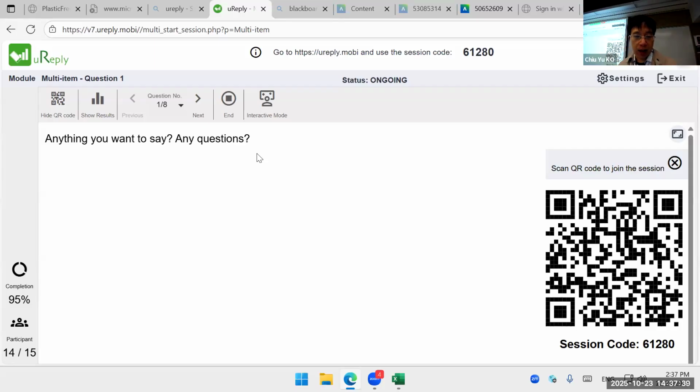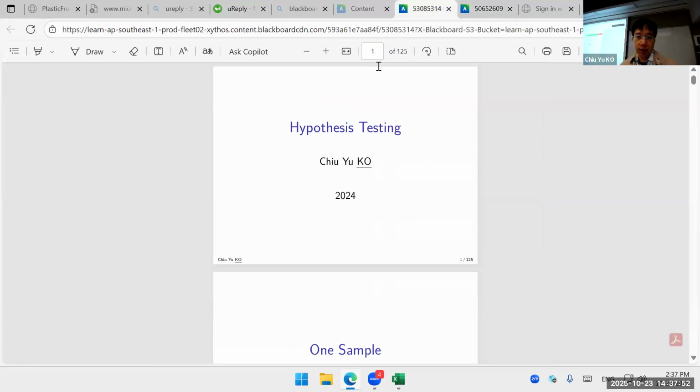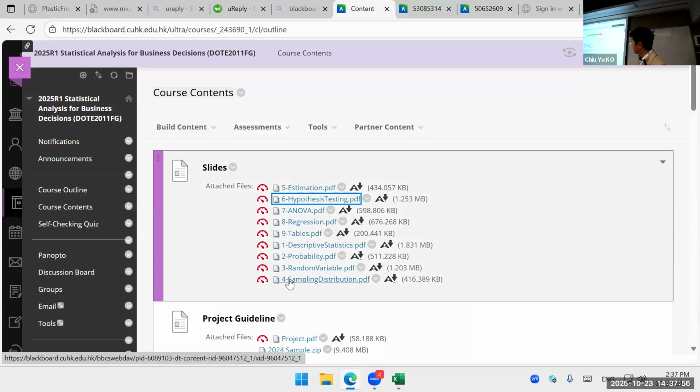Good. I hope you had a nice break. What is different between chapter 4 and chapter 5? The first question I have. Chapter 4 is sampling distribution. So basically it talks about what the sample mean would look like without guessing anything.